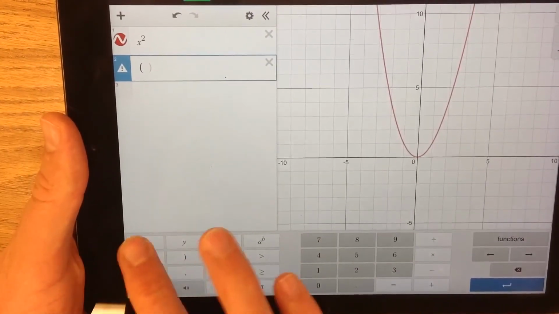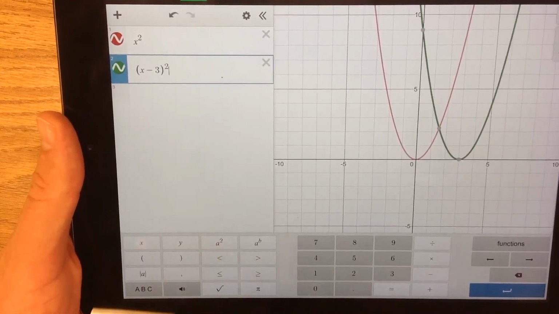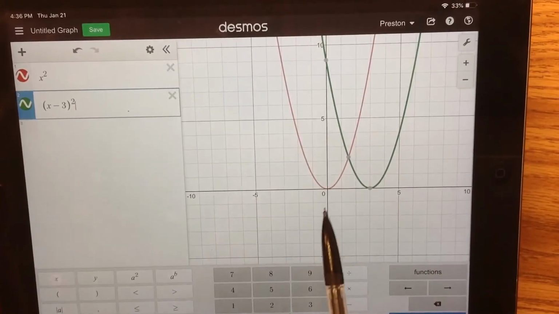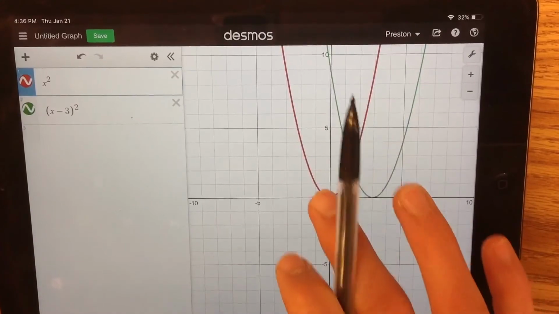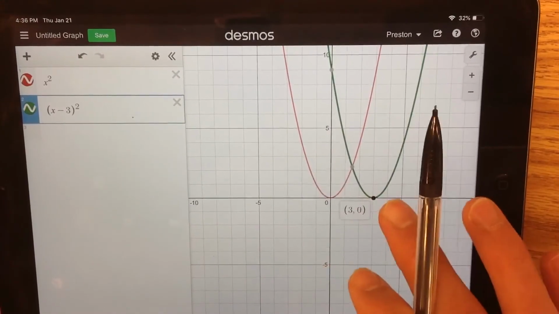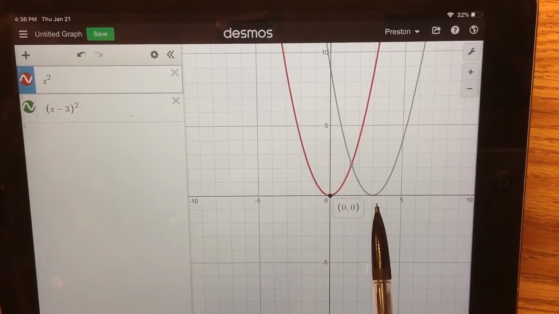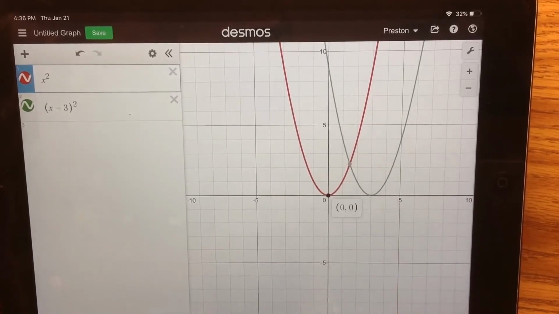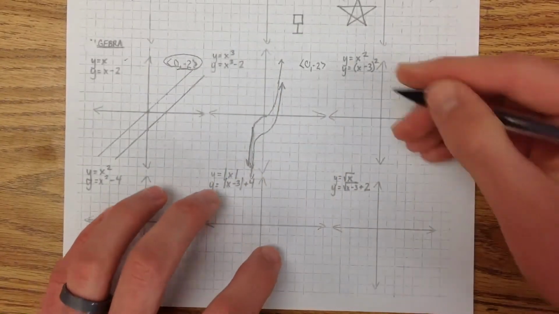So I go x minus 3 squared. Now what do we do in this case? Well, you can tap on here, which is kind of nice. So that's at 3, 0. This is at 0, 0. I moved it over. It's like I took the red line and I moved it over 3 units to the right. So let's go ahead and graph that real quick.